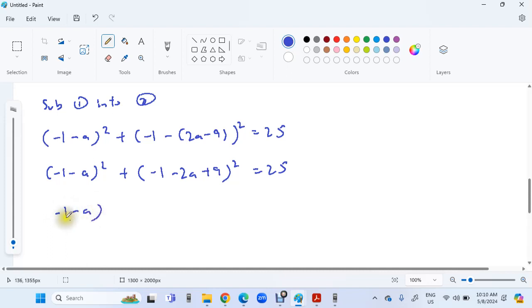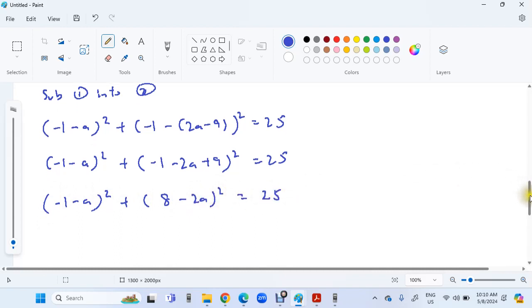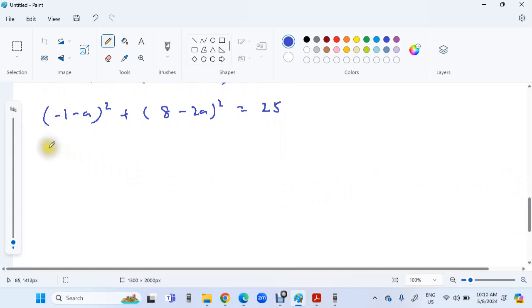So it's (-1 - a) squared plus (8 - 2a) squared equal to 25. Then we expand this one. We have 1 plus 2a plus a squared plus 64 minus 32a plus 4a squared minus 25 equal to 0.